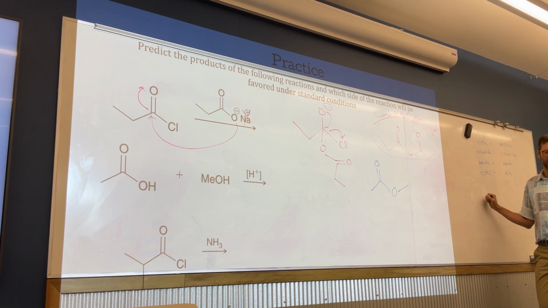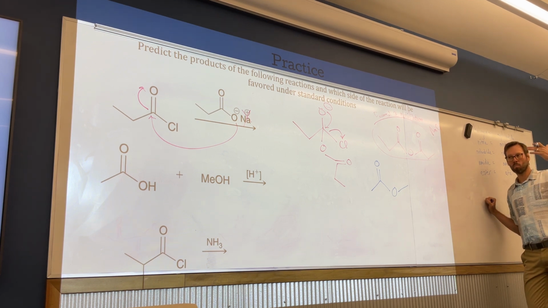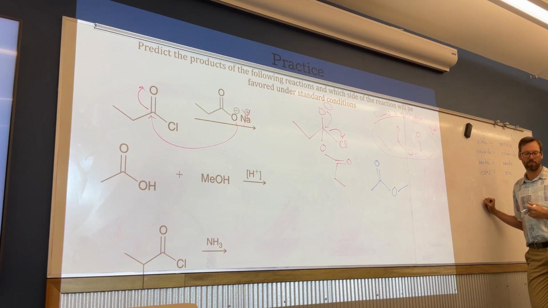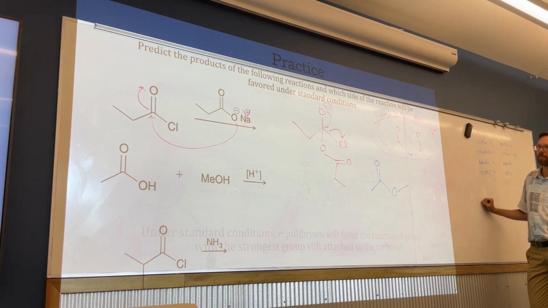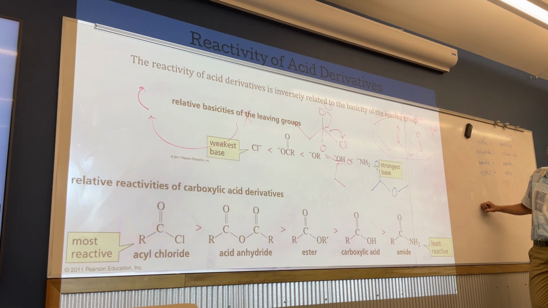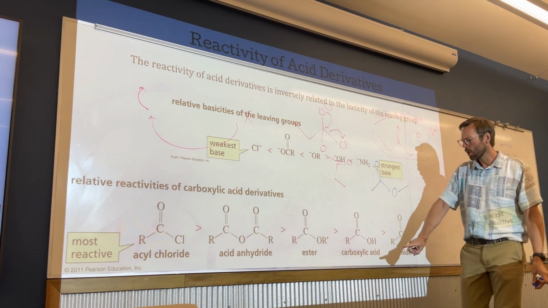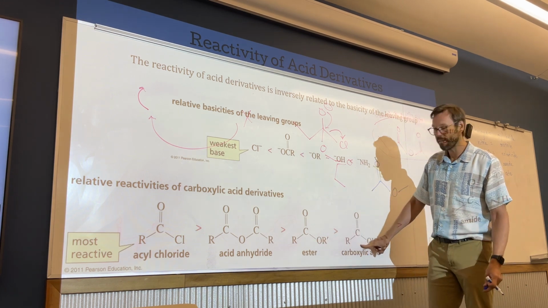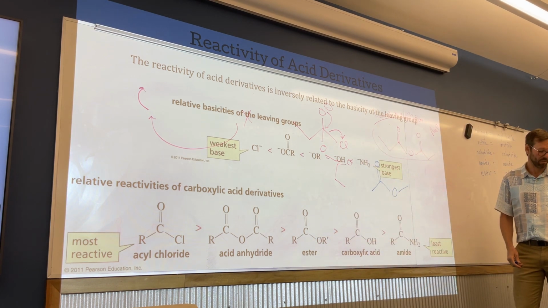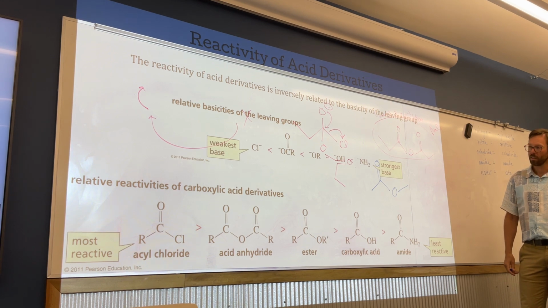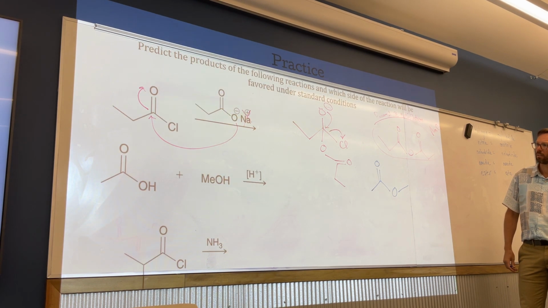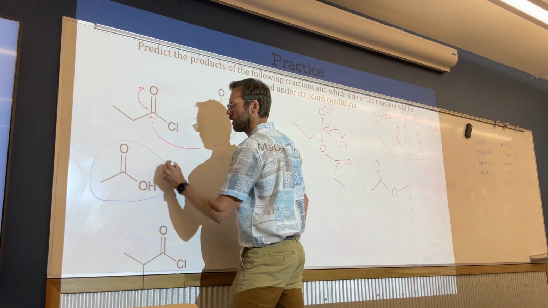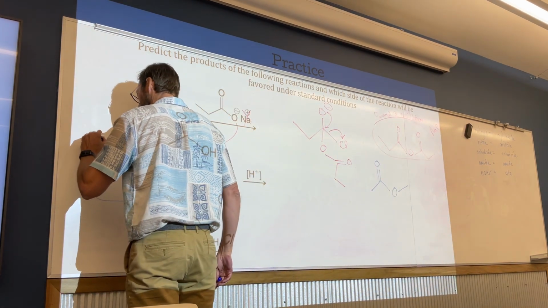And now we have the difference between an ester and a carboxylic acid. So if we go back, carboxylic acid, ester, what's favored? Carboxylic acid. This will be favored at equilibrium.